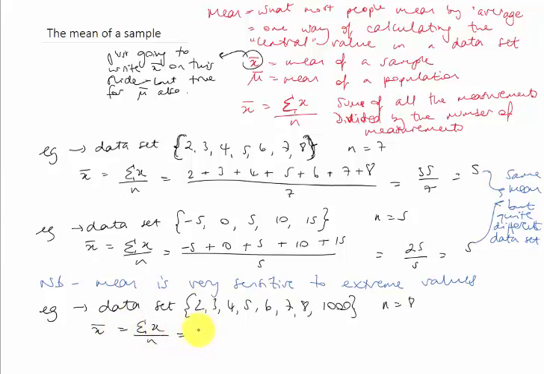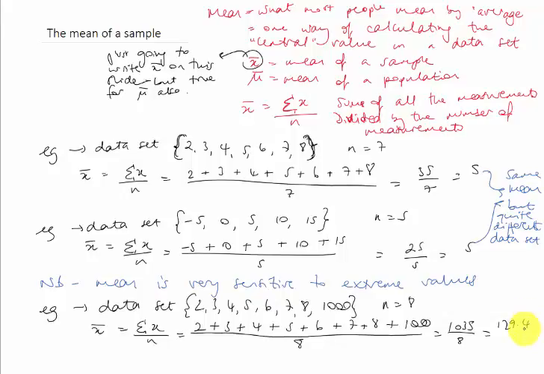So in this case, if we add, is it 2 plus 3, all over 8, that would give us 1035 over 8, which is 129.4. So it is basically the same data set, just with one extreme value, but these means are so different between the first data set and the third one that I've been looking at. So that's another reason why the mean probably isn't always perfect for everything we'll want to do.